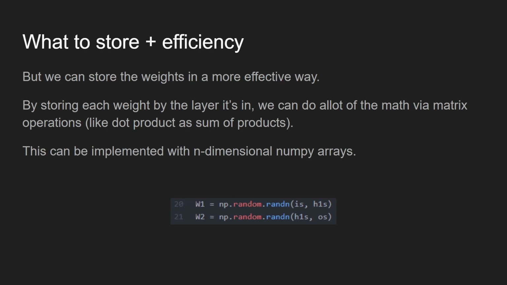The main thing we can do efficiently with these matrices, by the way, is dot products. If you remember, when we're doing our original neural network operation, we take our forward pass, we multiply all of our inputs by all of our weights, and then we sum them together.